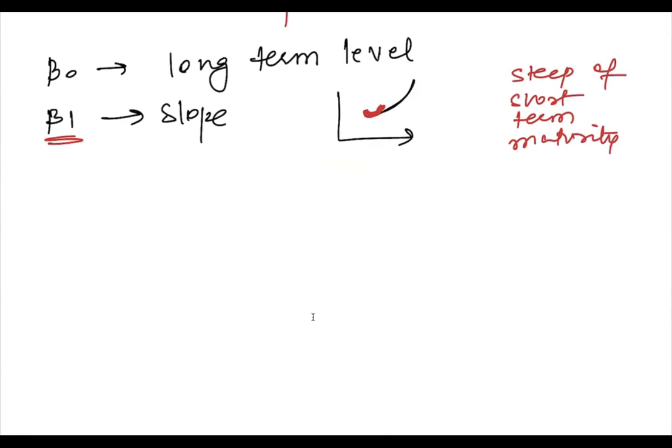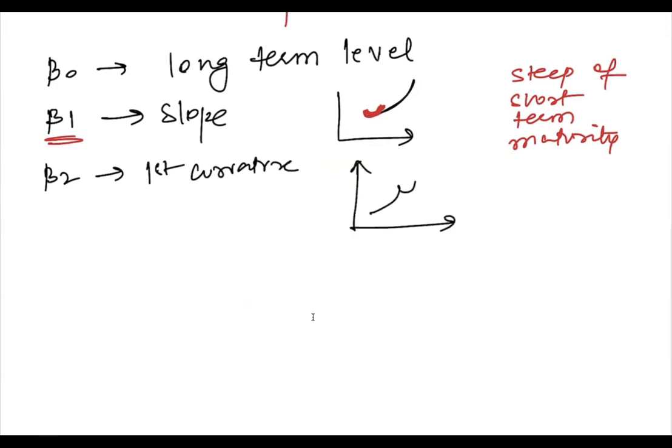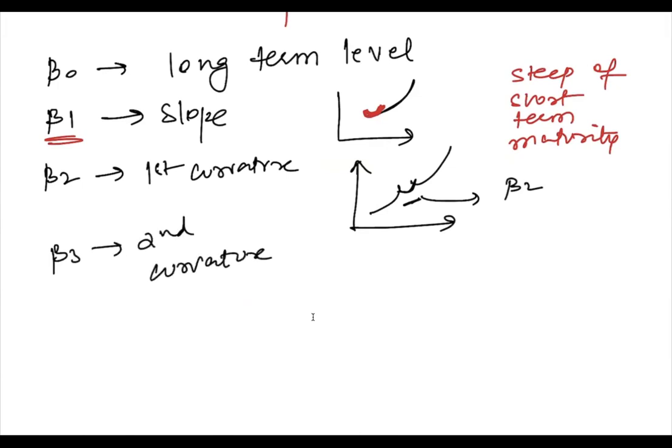Similarly, beta 2 is the first curvature. Let's say we have a dip like this, so this is what is captured by beta 2. Beta 3 is the second curvature. Curvature means it can be a hump or a dip. So this is a dip and this is a hump.